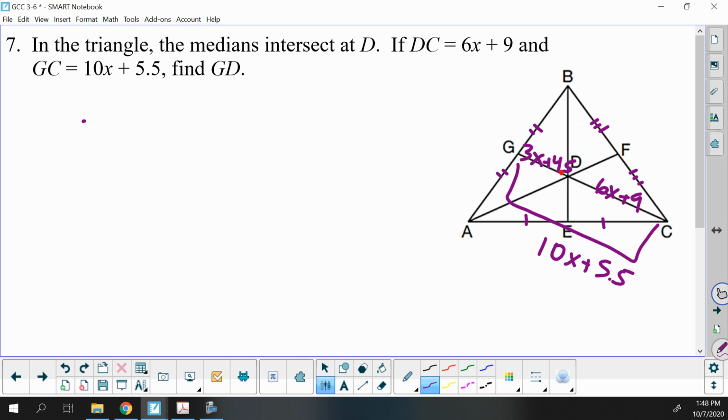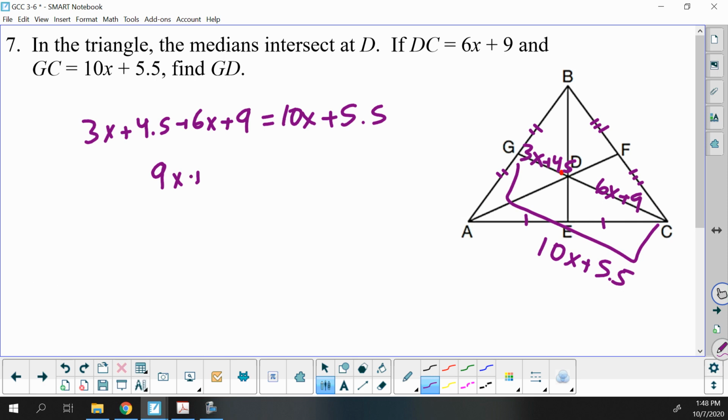Well, using the segment addition postulate, 3x plus 4.5 plus 6x plus 9 is equal to 10x plus 5.5. Combine your like terms on the left, we get 9x plus 13.5 equals 10x plus 5.5.